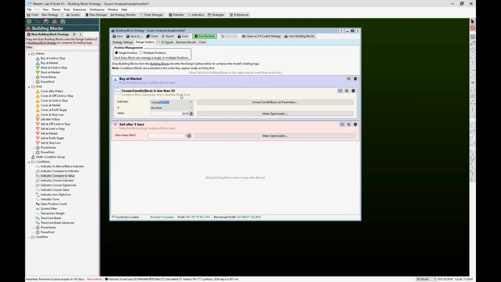It's called consecutive up. Consecutive up indicator means the price is going down for, let's say, at least 3 days. Consecutive up indicator is greater than or equal to 3.